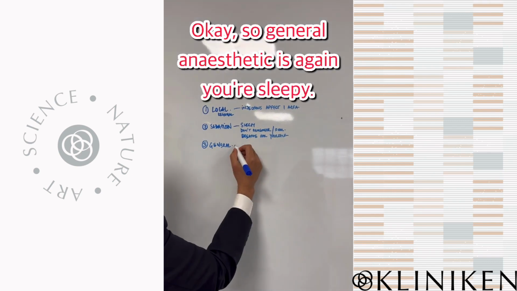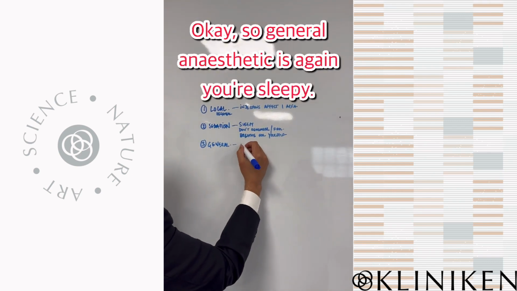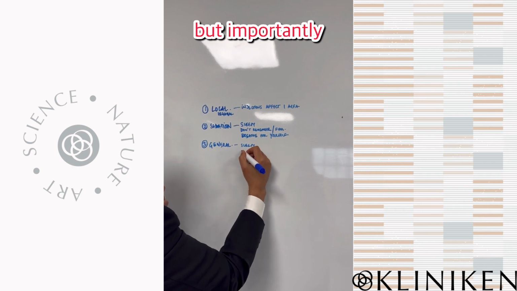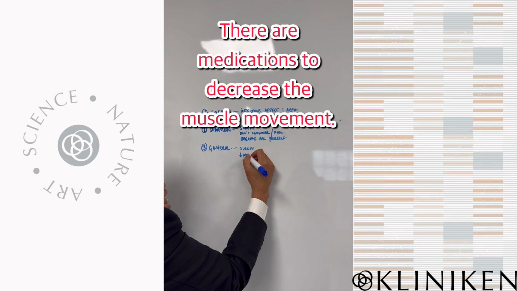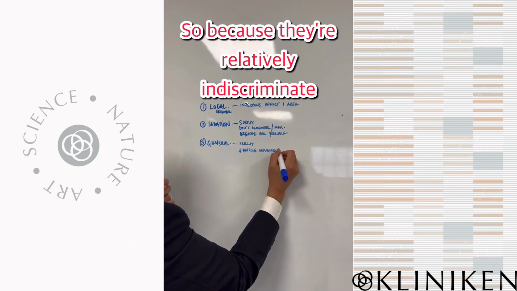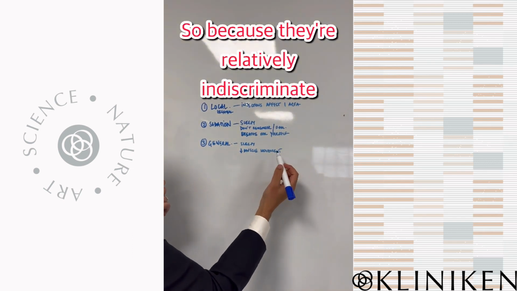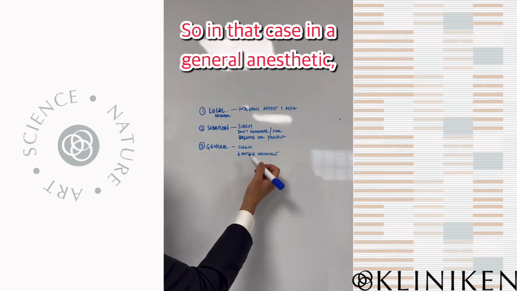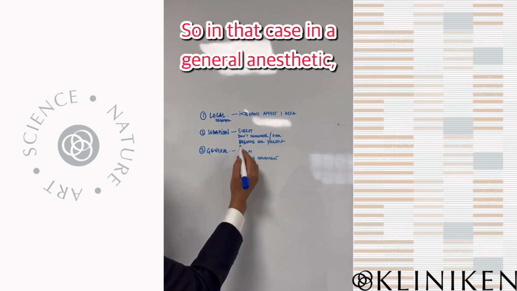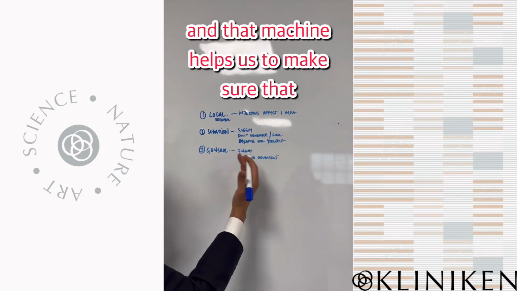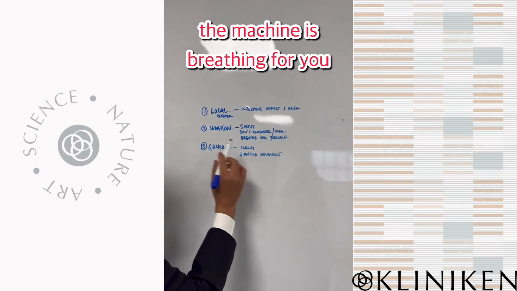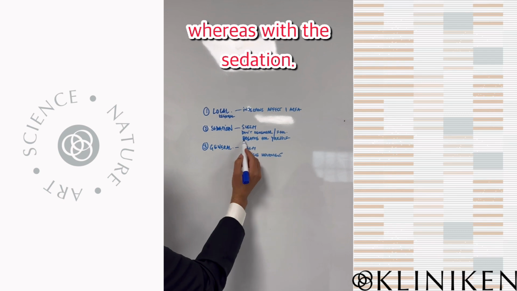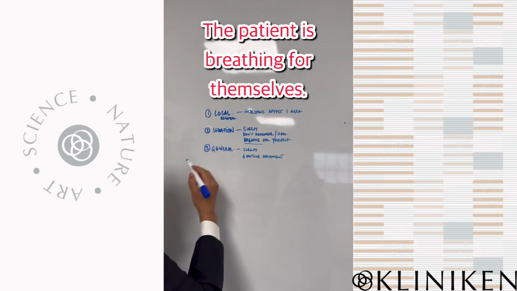Okay, so with a general anesthetic, again, you're sleepy, but importantly, there are medications to decrease the muscle movement. Because they're relatively indiscriminate, it can affect the breathing. So in a general anesthetic, you'll have a tube and the machine is breathing for you. Whereas with the sedation, the patient is breathing for themselves.